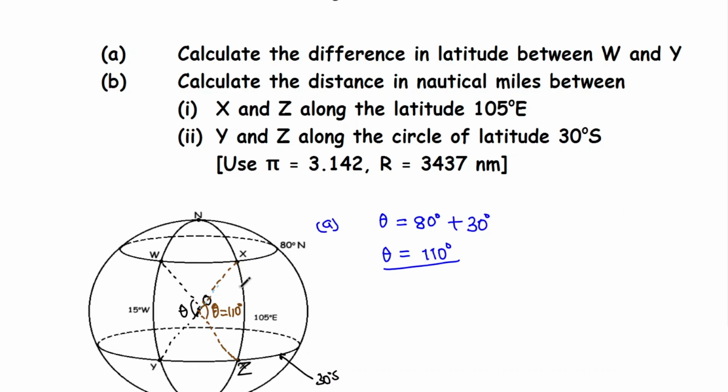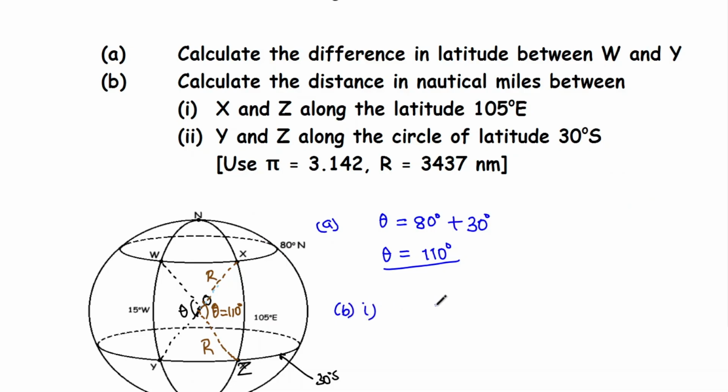To get this distance, we also need to know the radius, and we're given the radius to be 3,437 nautical miles. That is the reason why we have to calculate in nautical miles. So let's work out part B, Roman number 1.